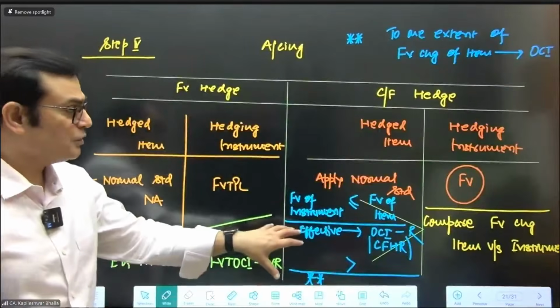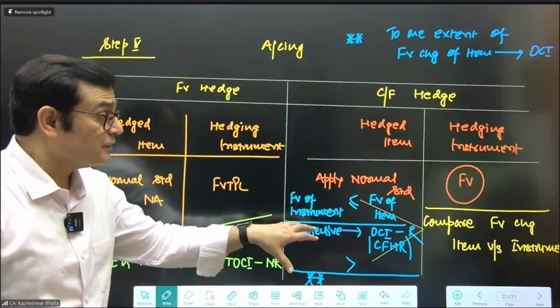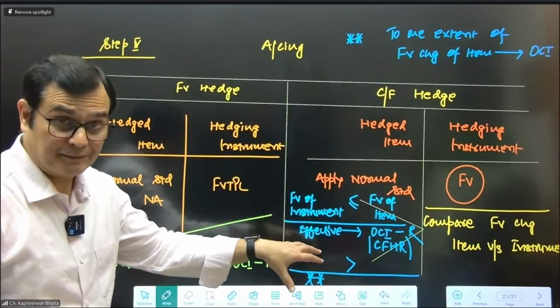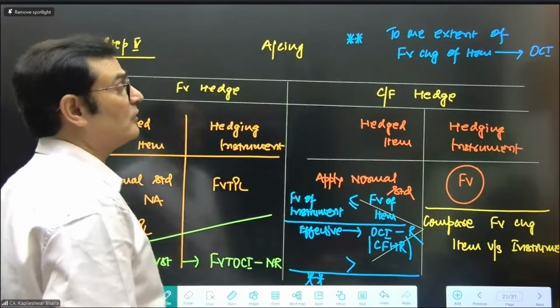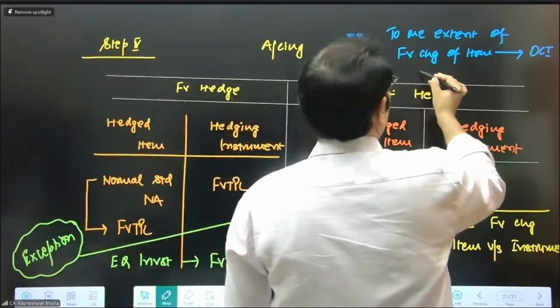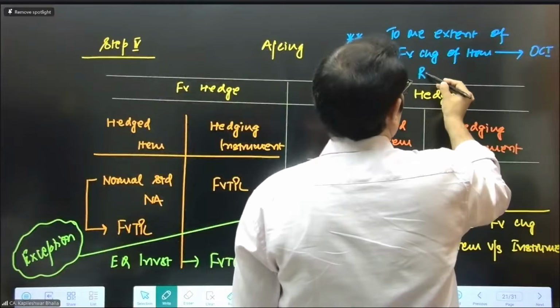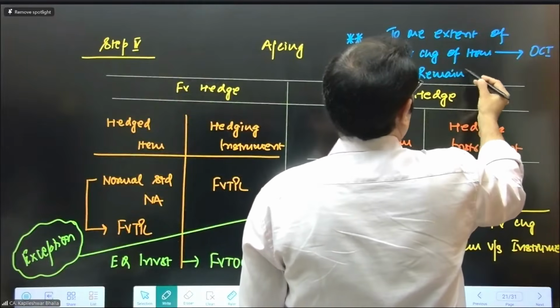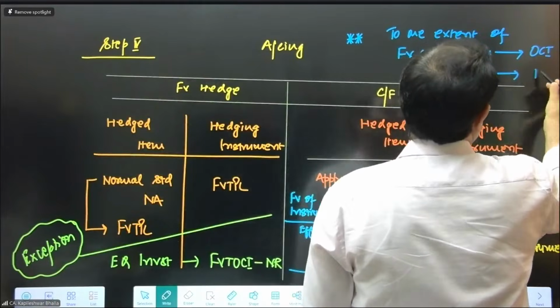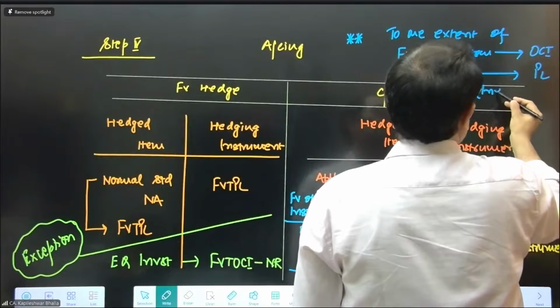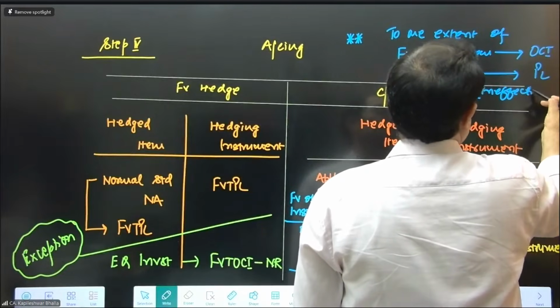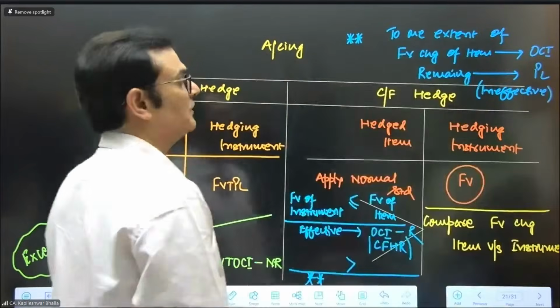So if the fair value change of the instrument is greater, then to the extent of the fair value change of the item goes in OCI, and the remaining change is ineffective, and that goes in P&L.